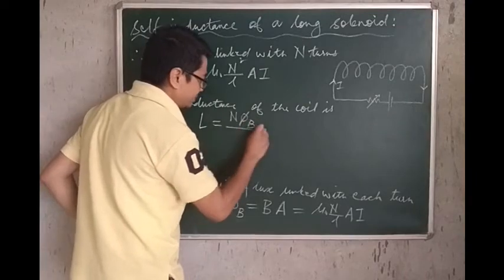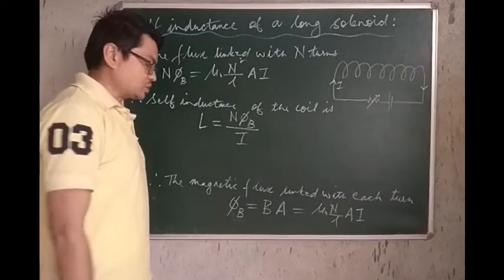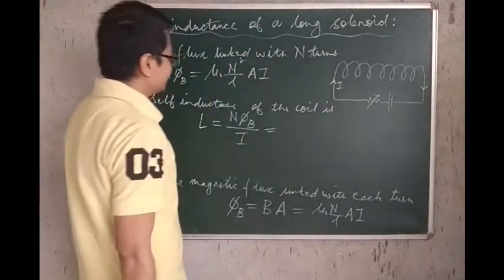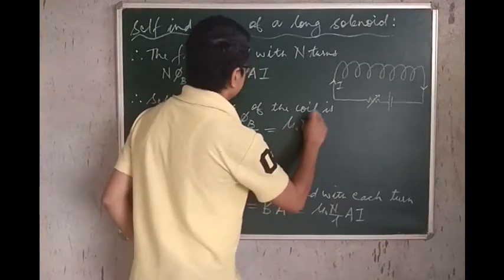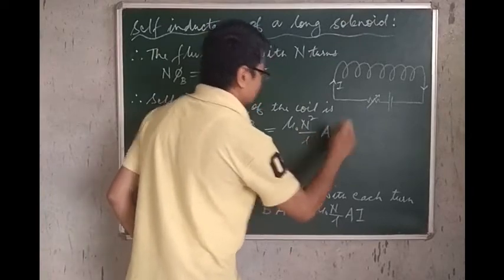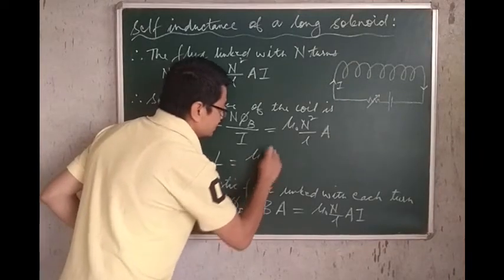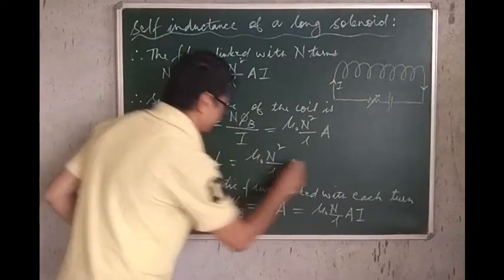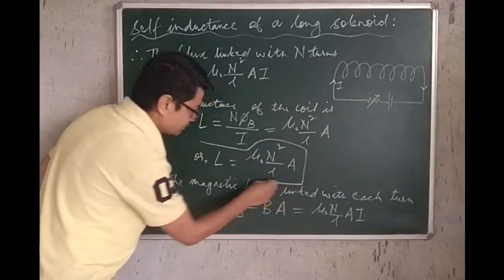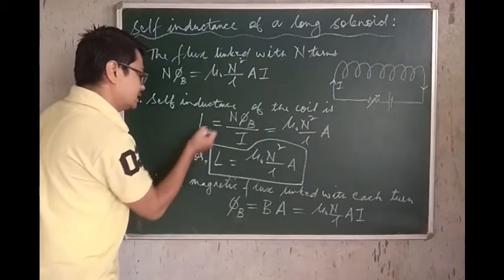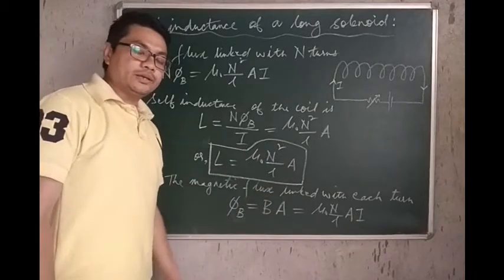N phi B according to definition divided by the current. According to the definition of coefficient of self-induction, we have this. So thereby, this becomes equal to mu naught N squared upon L into A, or L is equal to mu naught N squared upon L into A. So this is the expression for the coefficient of self-induction, or self-inductance of a given coil, mu naught N squared upon L into A.